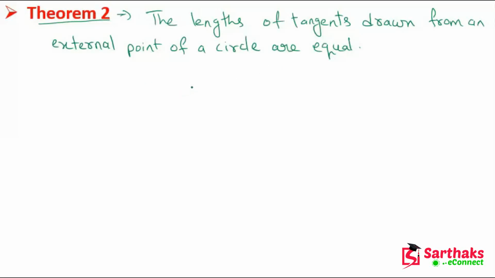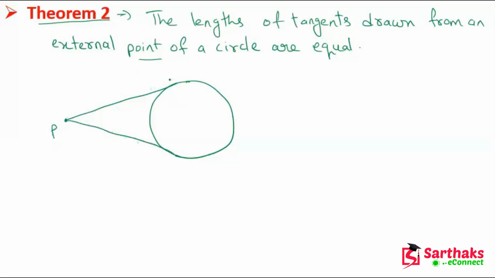So let's suppose we have a circle like this. Now the statement says the lengths of tangents drawn from an external point of the circle. This is the external point and we draw two tangents like this. This is point P, this is point Q, this is point R, and here is the center.